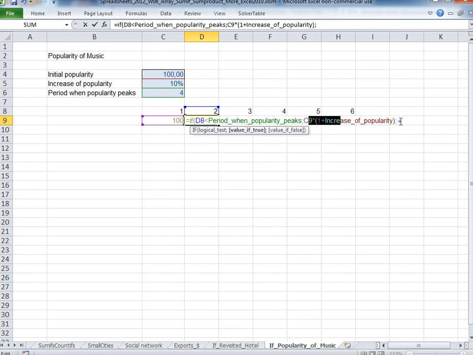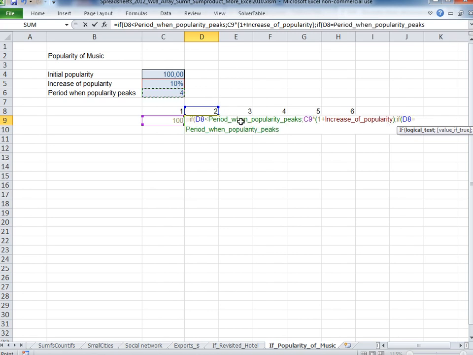Now comes the third and final part, and since we have still two options to distinguish between, we write semicolon IF and start distinguishing by writing the logical test: if D8 equals the period when popularity peaks.